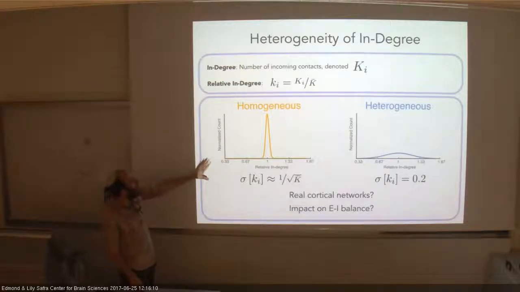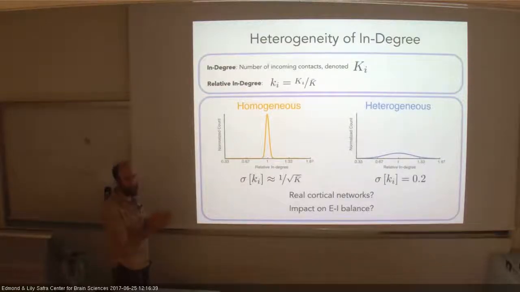So what I call homogeneous networks, and these are the most commonly studied ones, is where effectively the probability of connection is uniform. And so, like Jonathan just said, there's some amount of heterogeneity, but a very small amount. So when K is very large, every neuron has a probability of K over N of being connected to every other neuron.